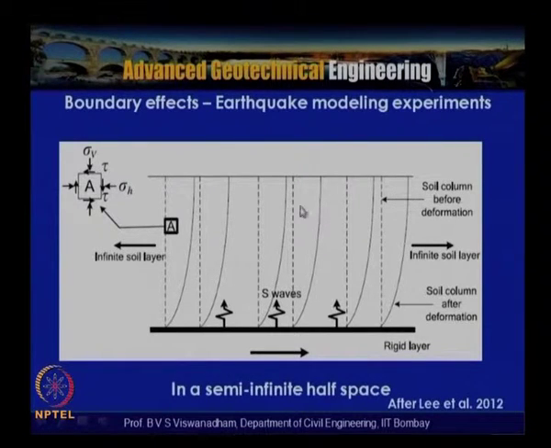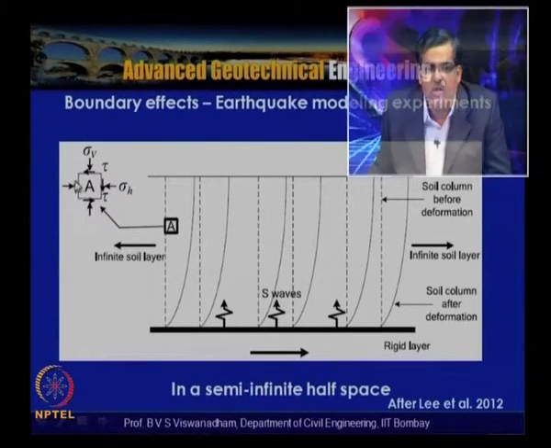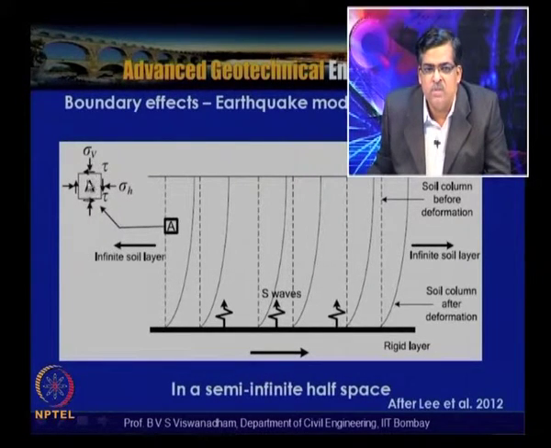At the center and along the edges you have identical deformations, and at all points the dynamic soil stiffness is identical in this direction. There also exist conjugate shear stresses, and at element A the stresses are sigma V, the vertical stress, and sigma H, the horizontal stress.